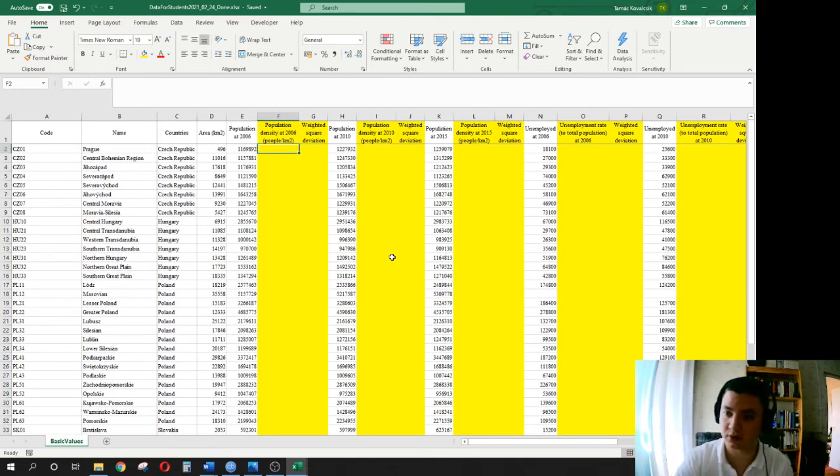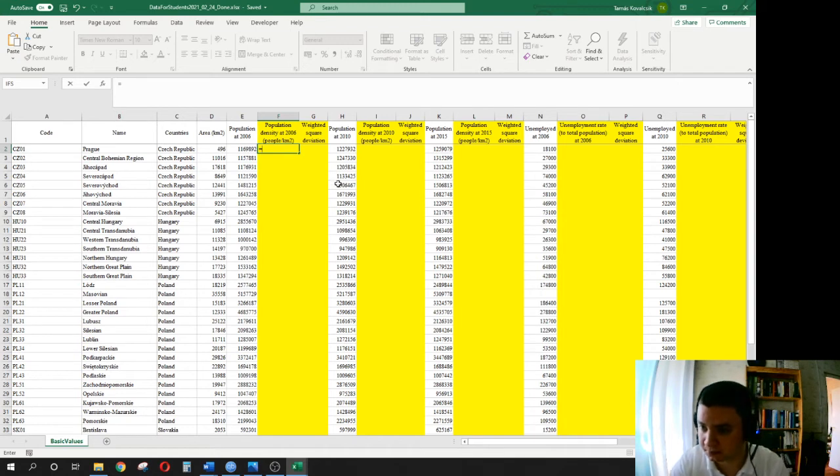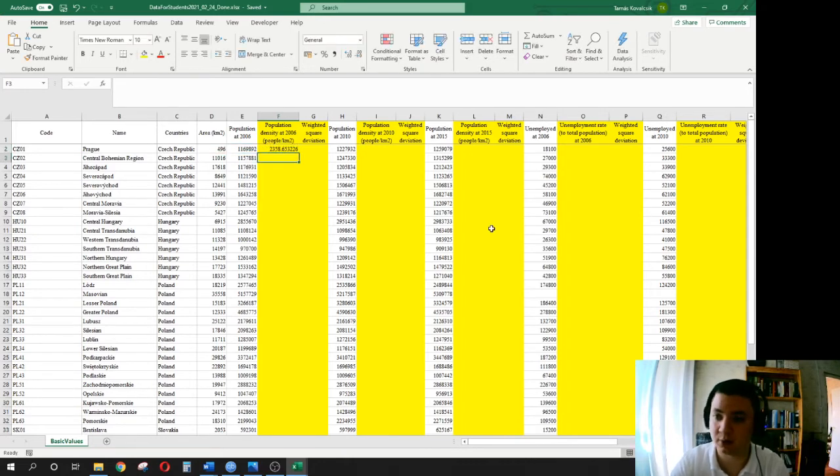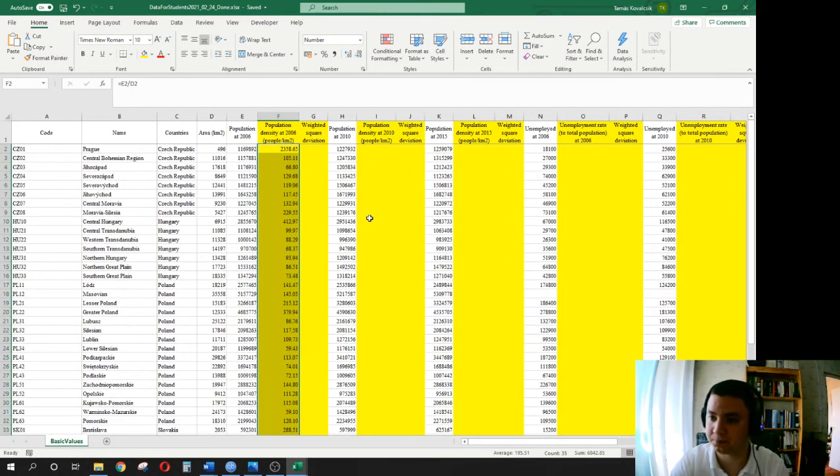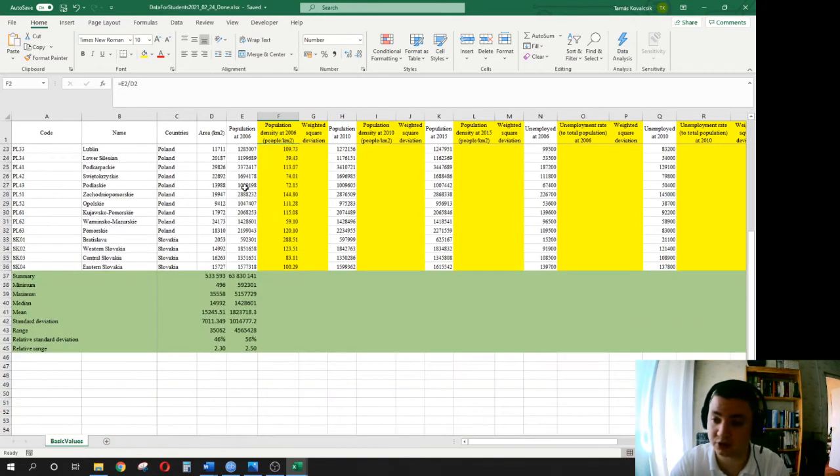Let's calculate the population density in 2006, people divided by the square kilometer area. Here we are. We have the population density numbers for all of the regions in the Visegrad 4 countries.